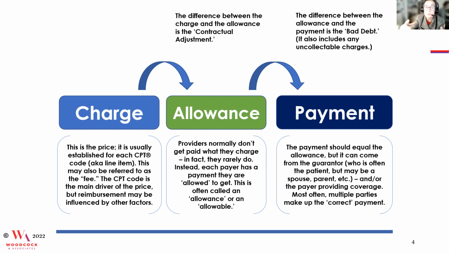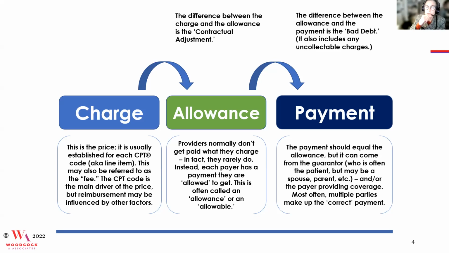And so that is the price, and it doesn't matter how much you charge, that United Healthcare, that Medicare, that Medicaid, that's all we are allowed to get for that service for that insurance company's beneficiaries. And then you might say, well, whoa, why is there a third column here? That doesn't make any sense. And you're right. Typically, the payment equals the allowance, but sometimes it doesn't.